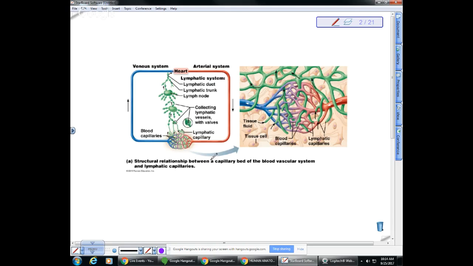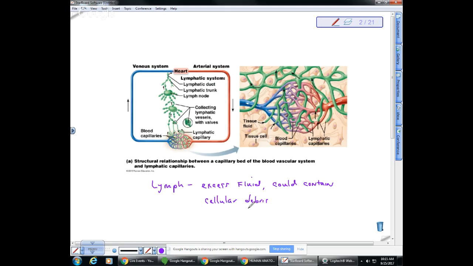So if we look at this, the lymph would be the excess fluid, and this could contain cellular debris. If cells die, we have to pick them back up.